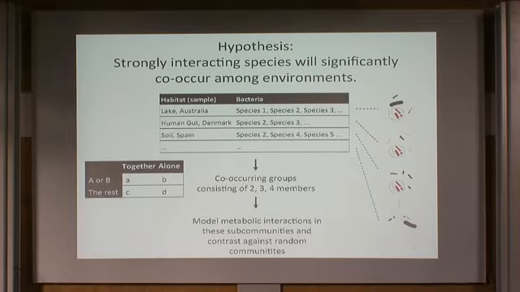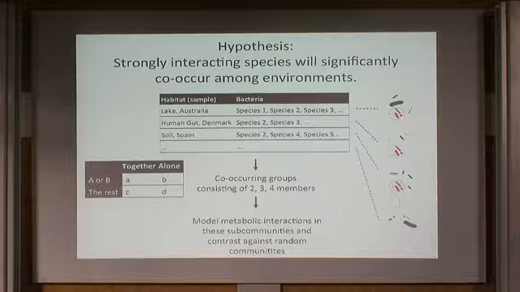So basically the hypothesis is that strongly interacting species will significantly co-occur if they have a kind of functional relationship. If you take samples from different places on Earth, you can identify species from the DNA sequencing, and then you can quantify and do some statistics.